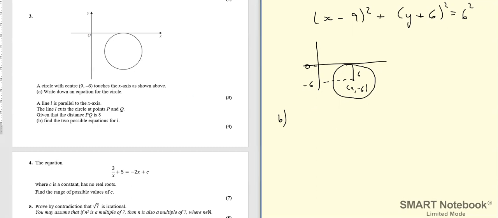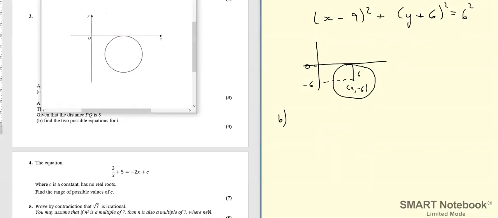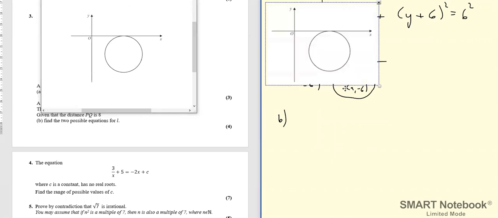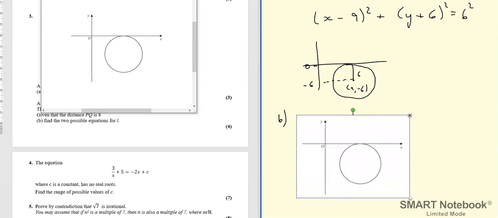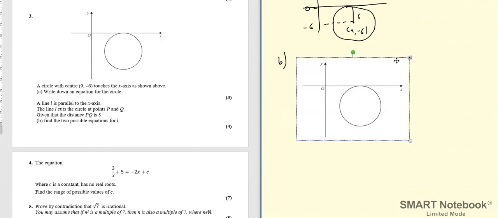Right, okay. So what I'm actually going to do is just take a copy of the diagram because I'm really bad at drawing circles, and use this diagram and annotate it, and I think you should do the same in an exam.